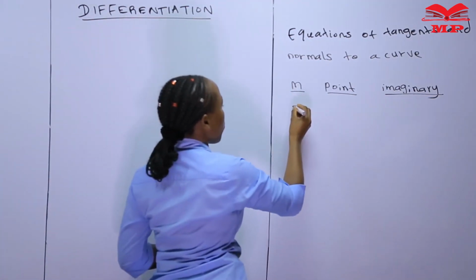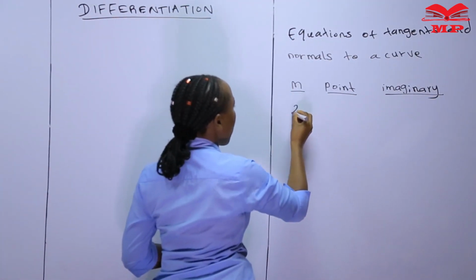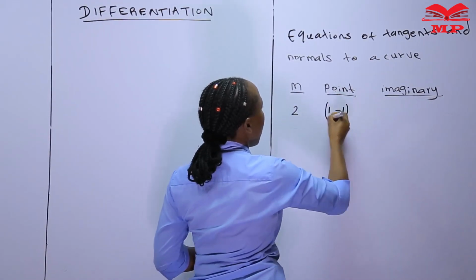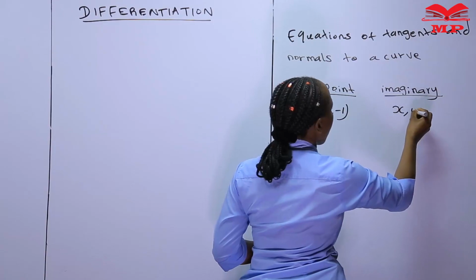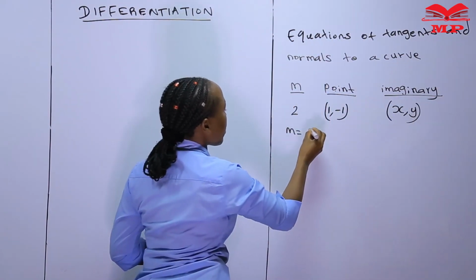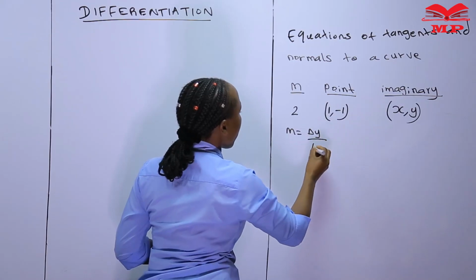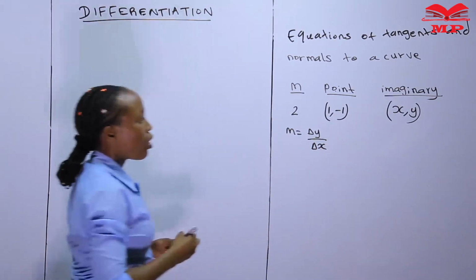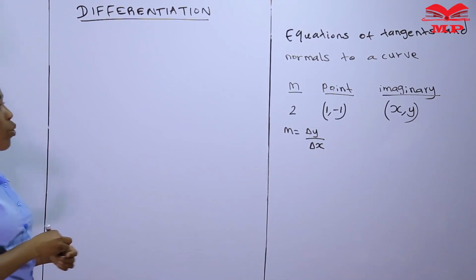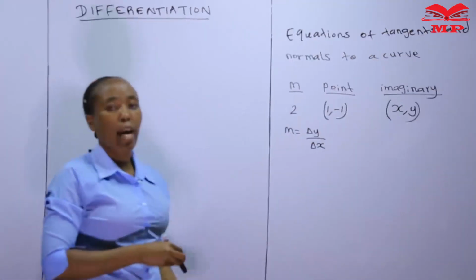So when you have the gradient m, let's say you have 2, you have the point, let's say 1, -1, and you have the imaginary point x, y, then you can use the formula whereby gradient is given by change in y all over change in x to get the equation of the tangent and the equation of the normal to a curve.